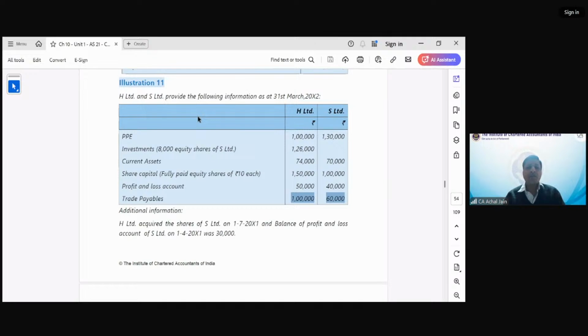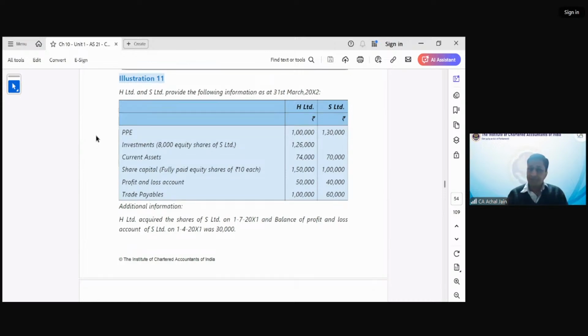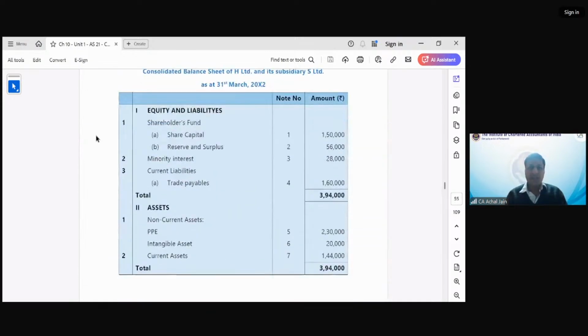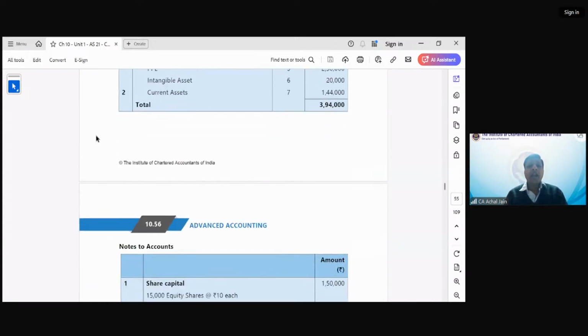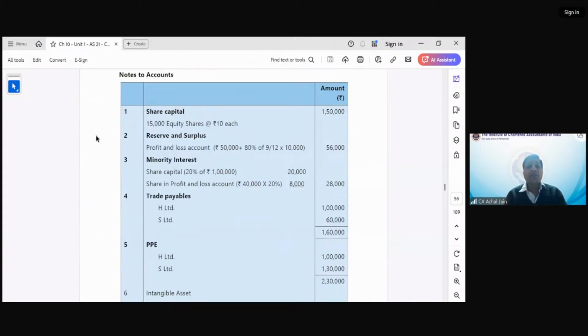So now, what's the next step? Very simple. We just need to present the balance sheet in the format prescribed by Schedule 3. First of all, you have the main balance sheet, or the face of the balance sheet, and all of these amounts will form part of your notes.